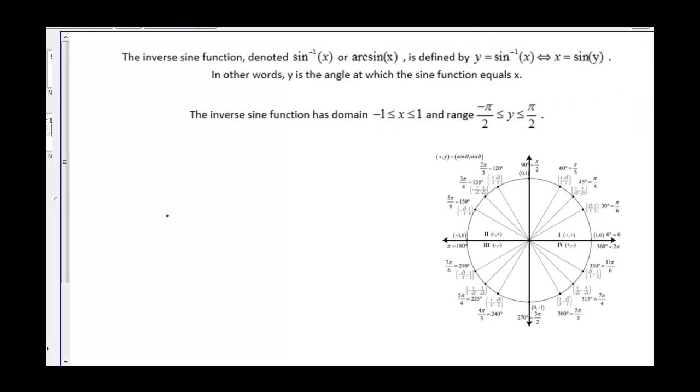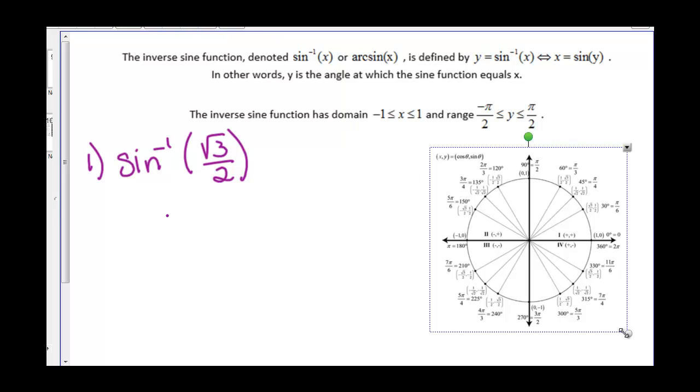So let's try evaluating the inverse sine of square root of 3 over 2. What we need to do is go to our unit circle. Let's make our unit circle a little bigger.